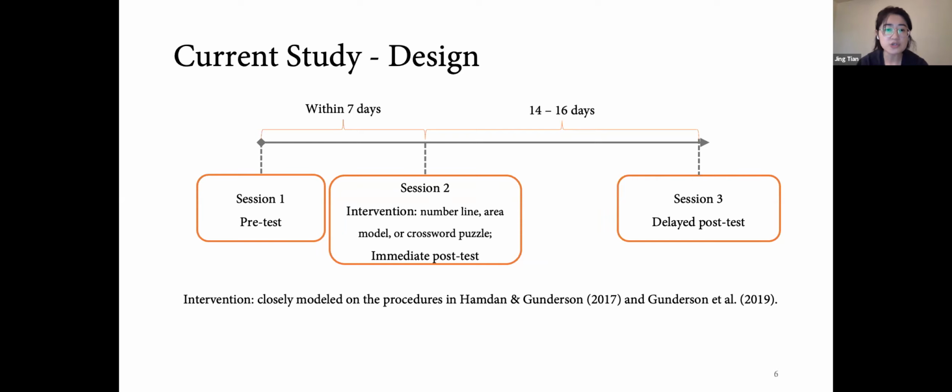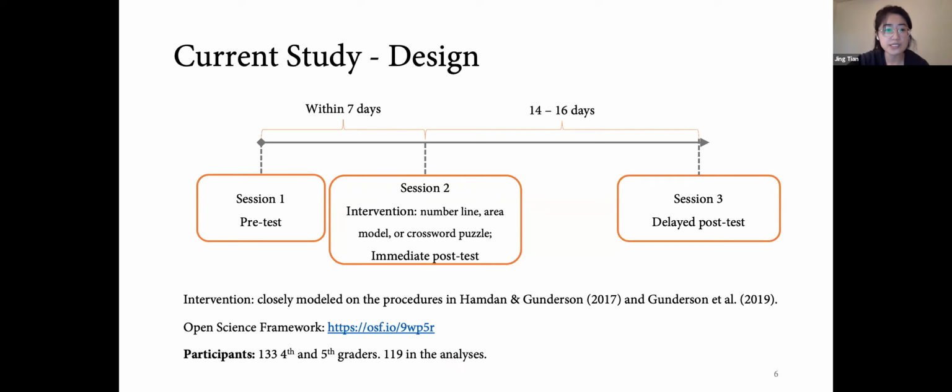We randomly assigned children to a number line training and area model training, or they were asked to complete some crossword puzzles as a control activity. Immediate post-test was administered right after training in the same session. Children also completed a delayed post-test 2 weeks later. We were trying to see whether, if there are any training effects, whether this will remain after 2 weeks.